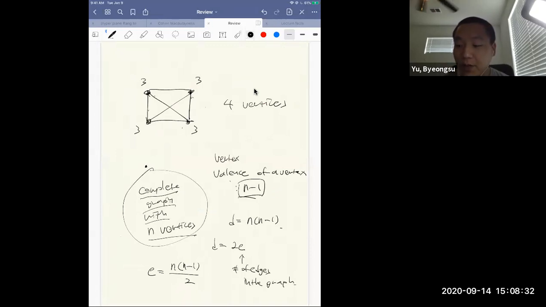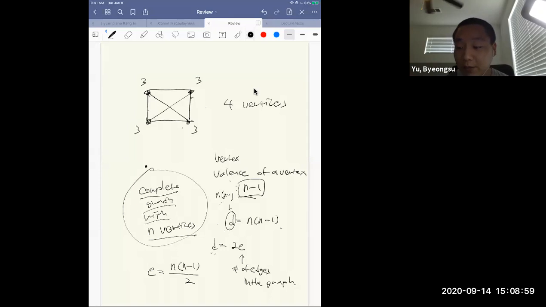So the sum of the degrees is n times n minus 1, because we have n vertices and each has n minus 1. So the sum is n times n minus 1, and we know it equals 2e, where e is the number of edges in the graph, so e is just this divided by 2, right?